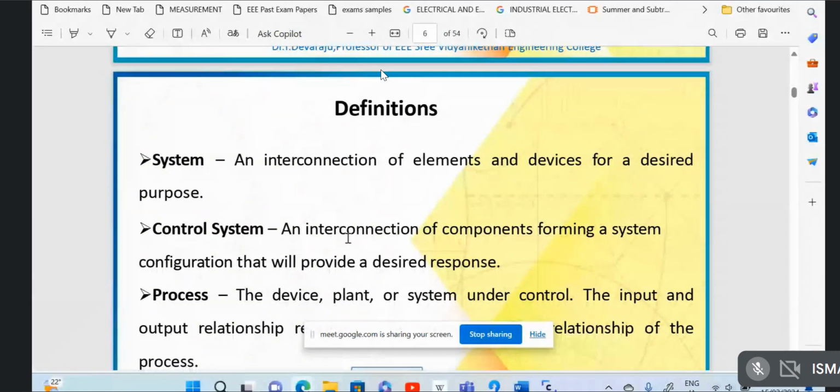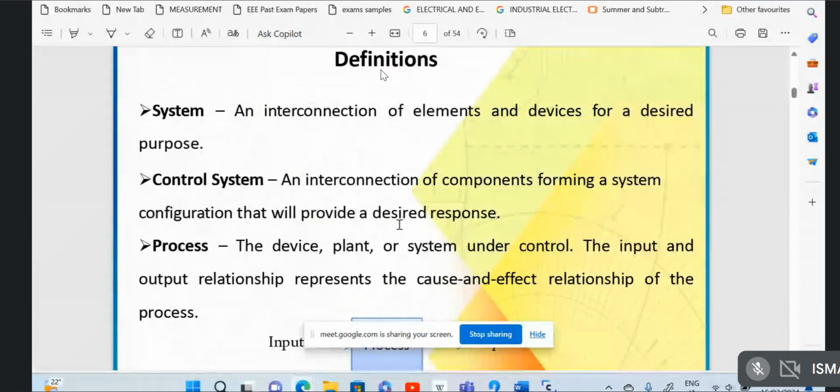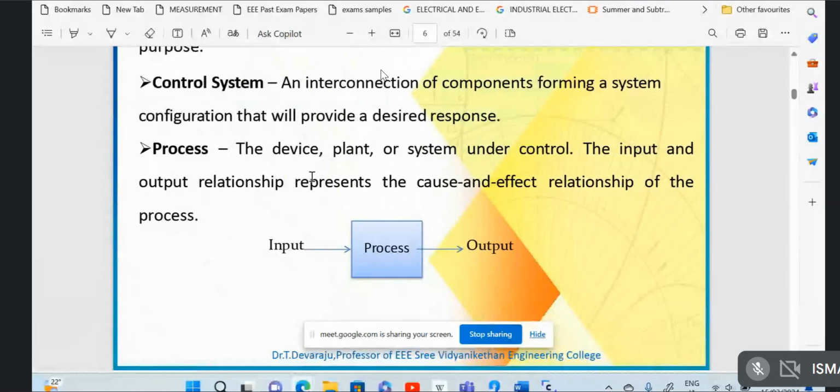Then a control system is an interaction of components forming a system that will provide a set output. The process is the device, the plant, or the system under control.